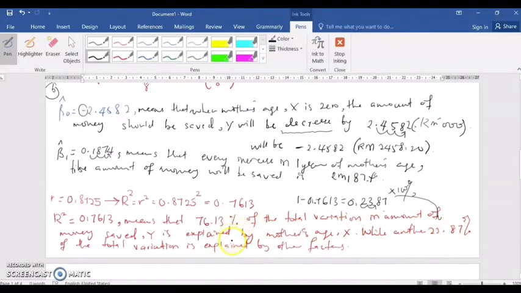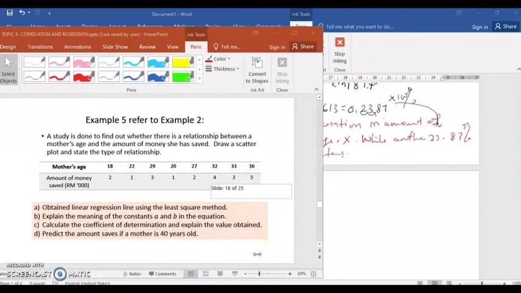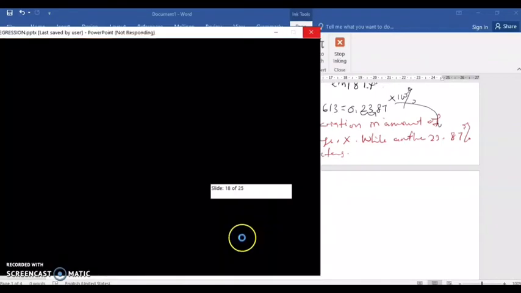Okay, so the next one is what you need to observe, our D. For our question D, which is our expected value based on this question, they said when the age of the mother is 40 years old, how much money can the mother save.